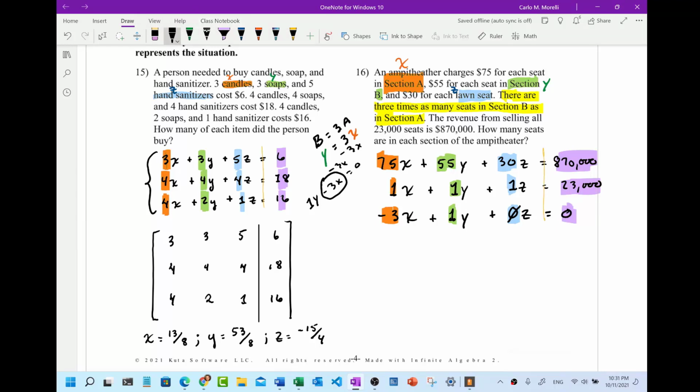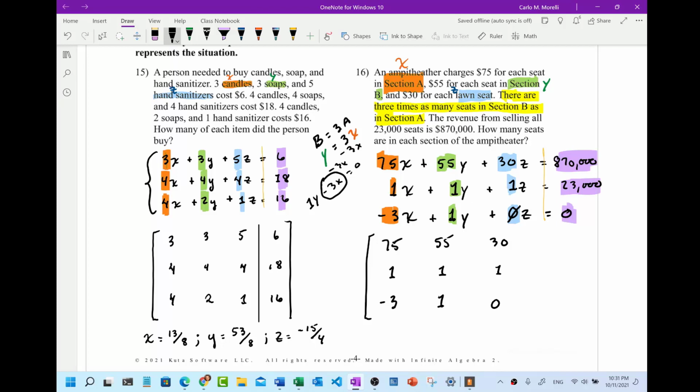All right. So remember that augmented line that's going to end up going there? If I wanted to form this into a matrix, here's how it would look. I'd have 75. I'm going to write the columns first because remember the columns are vectors. Negative 3, and then I've got 55. The rows are also vectors, by the way. And then 1 and 1, and then 30, 1, and 0.